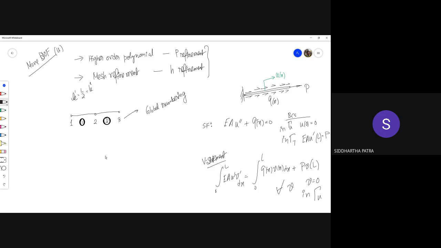So now for this one, please understand, at node 1 there is U1, at node 2 there is U2, at node 3 there is U3.